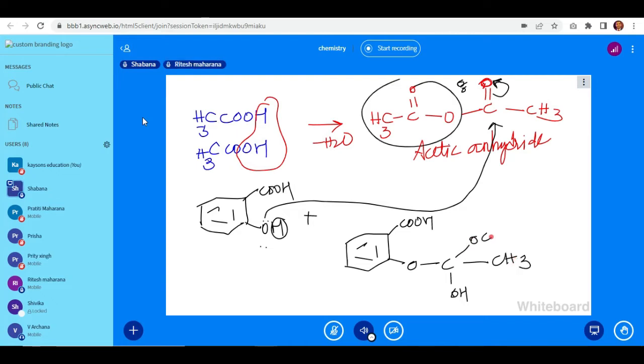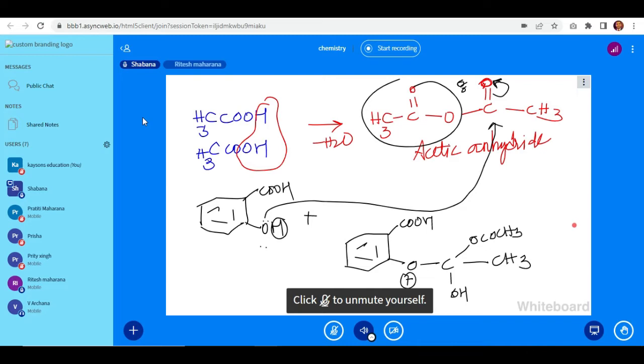Then this total group, I'm writing it as OCOCH3. So now what happens here? This oxygen donated electrons. Now it is stable because it loses hydrogen, which is the lone pair it is having. So this is the product which is formed.